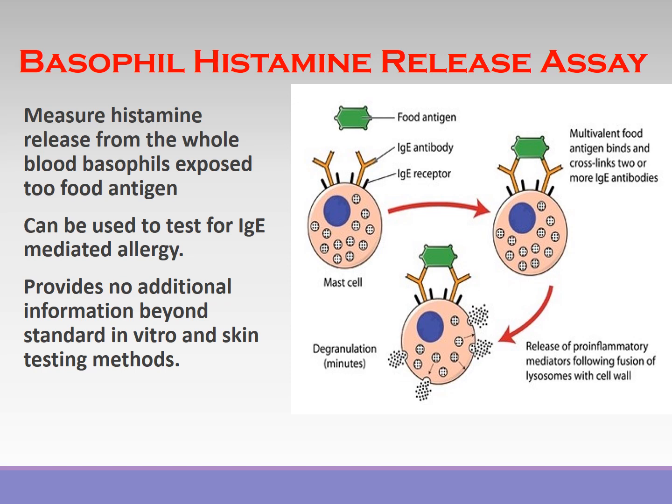It can be used to test immunoglobulin E mediated allergy, but it does not provide more additional information beyond the standard skin testing methods. So it can only say whether the patient is allergic to the particular food or not. It cannot tell anything else than that.